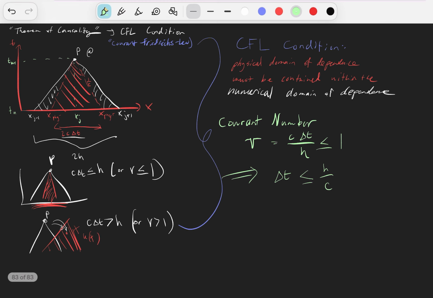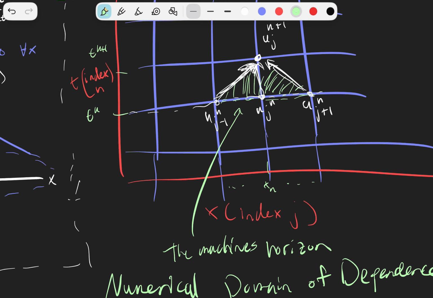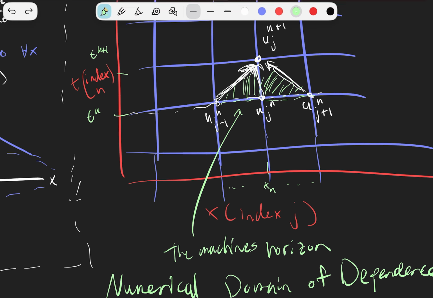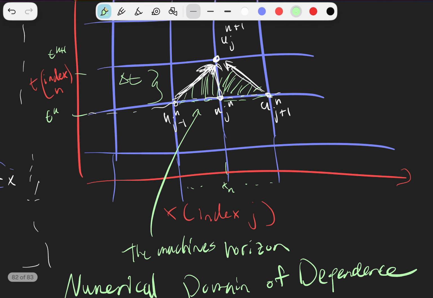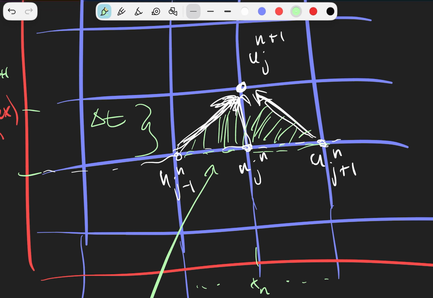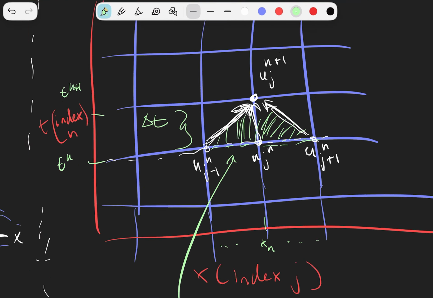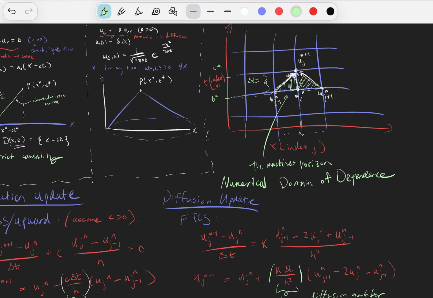What this tells us really is the time step is key. The time step that we choose, this delta t, must be smaller than the time it takes the wave to cross one cell. That's a really basic idea, all right?